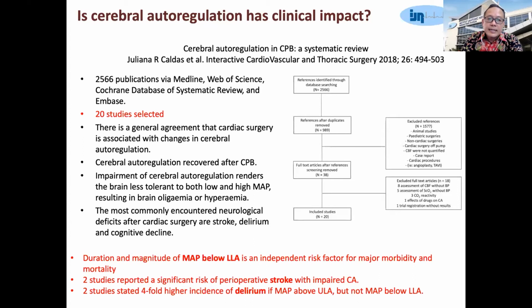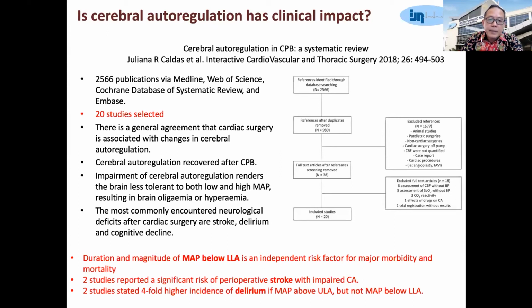Number one, there is a general agreement that cardiac surgery is associated with changes in cerebral autoregulation. So cerebral autoregulation is impaired in all cardiac surgery when we run the patient on cardiopulmonary bypass. Number two, cerebral autoregulation recovers after cardiopulmonary bypass. It comes back to normal after we separate the patient from cardiopulmonary bypass.